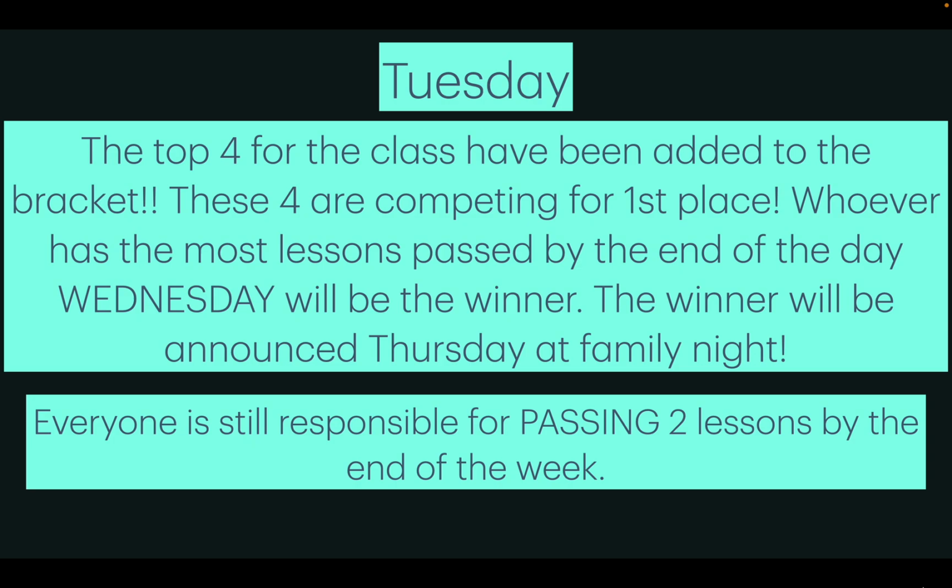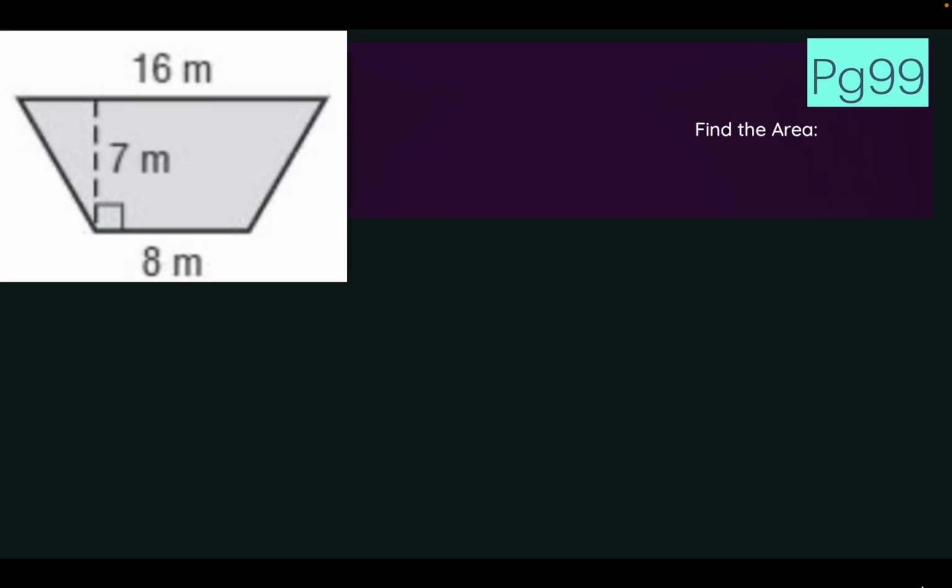All right, what I want you to do now is open up your notebook to page 99. On page 99, I need you to draw this shape, write the formula, and then plug in the numbers and solve it. Remember, this shape is a trapezoid. You will not be given the trapezoid formula on your LEAP test, on your unit test, or any of your lesson tests.